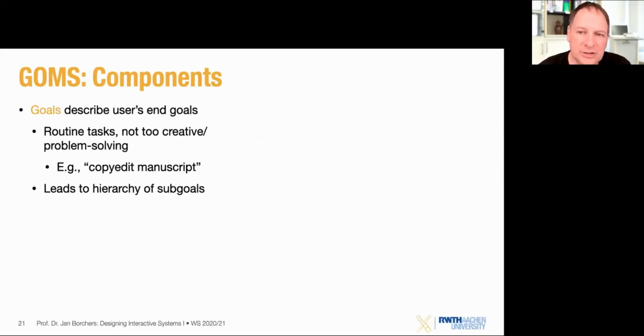However, it needs to be said, and this is important to understand for GOMS, these should not be tasks that are extremely creative, that need a lot of figuring out, that people do for the first time in their lives. So a good task would not be brainstorm a new design for Apple's next big something, right? That's not a good task.